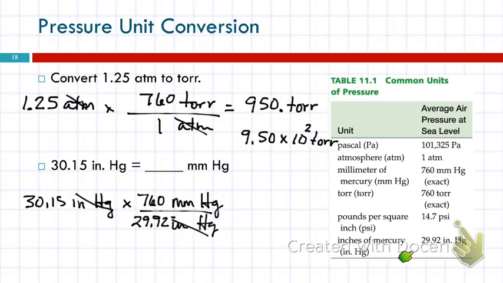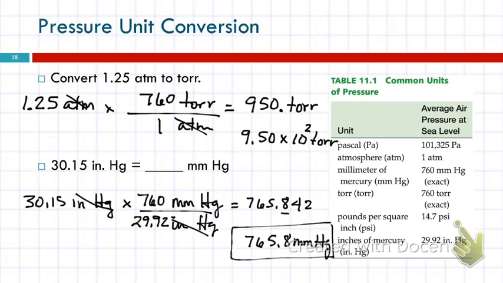That one's got 4. The 760 is exact. So I've got 4 and 4. My answer should have 4. So I'm going to write down the first 4: 1, 2, 3, 4, and 2 more, and then I'm going to round, so 765.8 millimeters of mercury. Any questions?